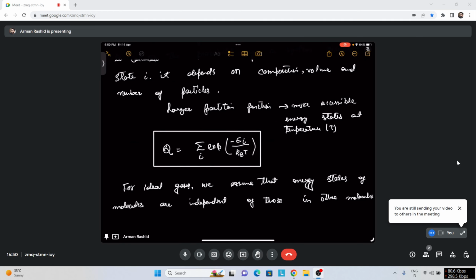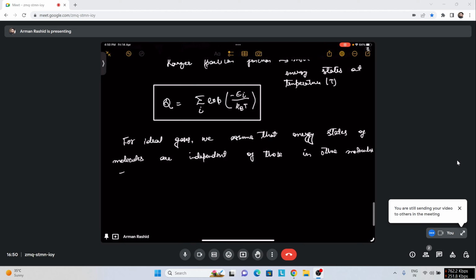Thus the molecular partition function q is defined as the sum over states of a molecule.